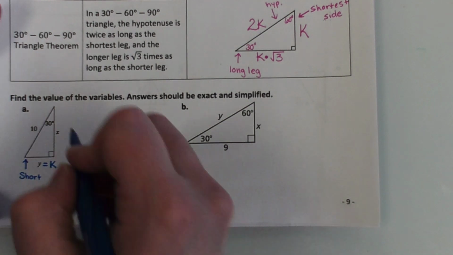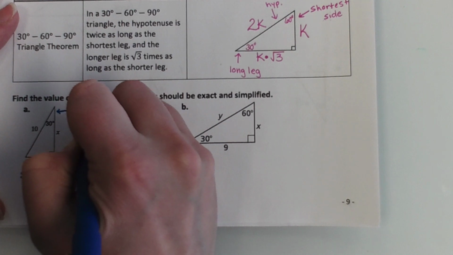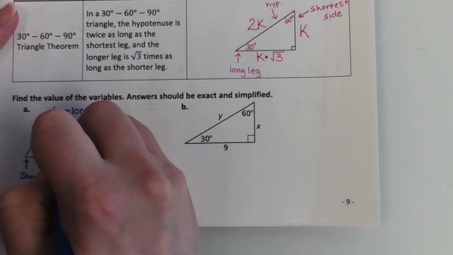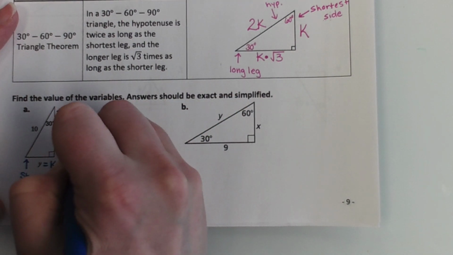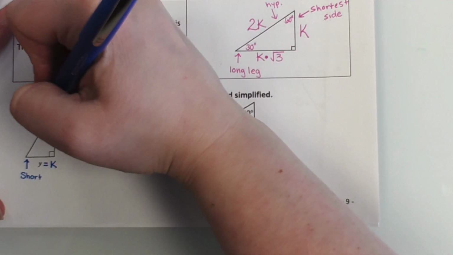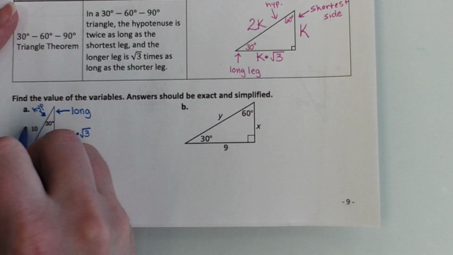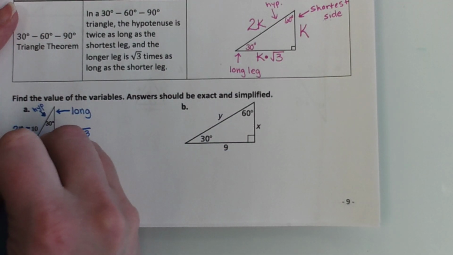That means this right here is the long leg, which is equal to k times the square root of 3. And up here, we should know across from the 90-degree angle is the hypotenuse, and the hypotenuse is equal to 2k.